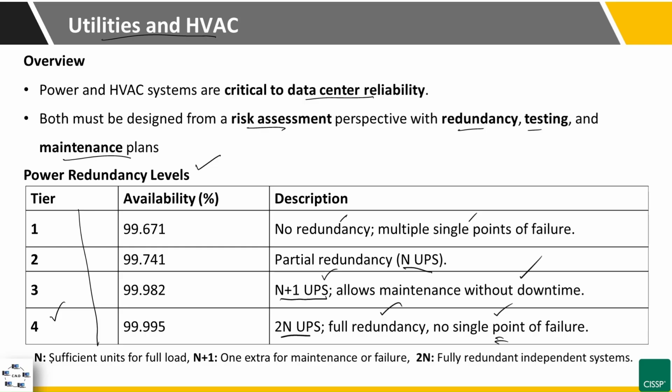N here stands for sufficient units for full load. N plus 1 means one extra for maintenance or failure, which is tier 3, and 2N means that we have a fully redundant independent system. For each UPS we have a redundant UPS, so that if one fails the other still continues to provide the necessary power.